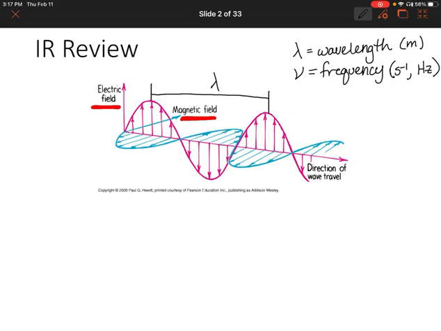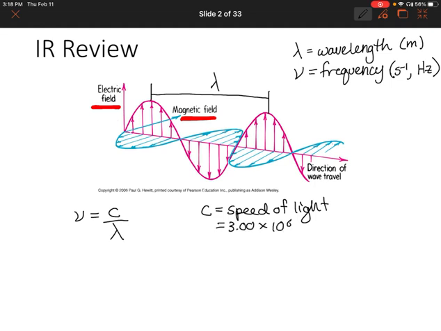Well, you might remember that frequency is equal to the speed of light divided by the wavelength. So the speed of light is given the symbol c, and the speed of light is equal to 3 times 10 to the 8th meters per second. Sometimes it's listed as 2.9 times 10 to the 8th. But sometimes we just round up.